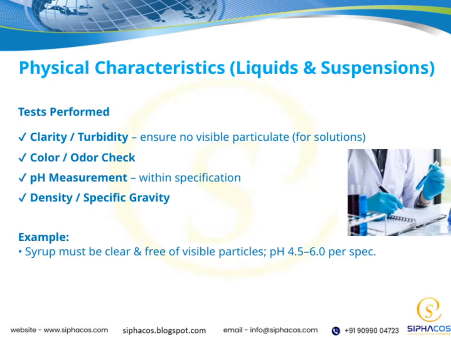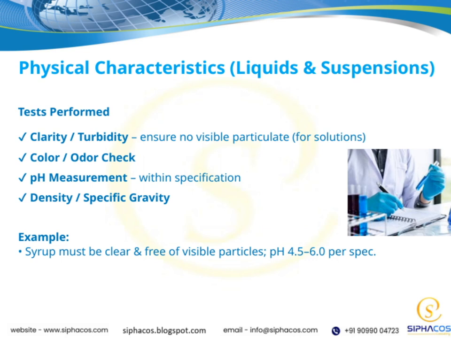Let's take a closer look at the physical characteristics we evaluate for liquids and suspensions. First, we perform the clarity and turbidity test to ensure there are no visible particulates, especially for solutions. This step is crucial because visible particles can indicate contamination or instability. Next, we check the color and odor to confirm they meet the expected standards.